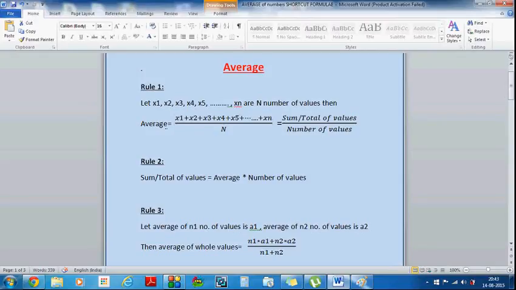Then the average will be the addition of values from x1 to xn divided by the total number of values, that is n. Suppose n is 5, then in place of n we will write 5.